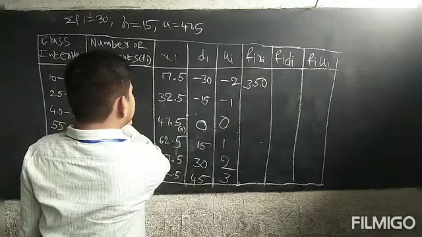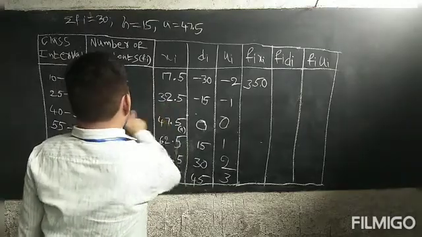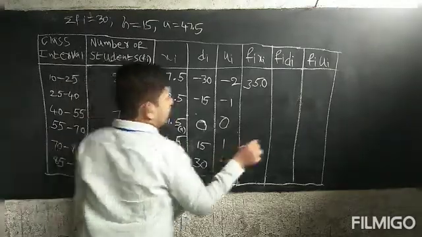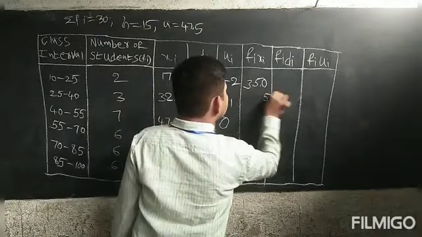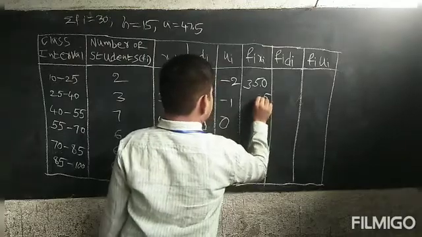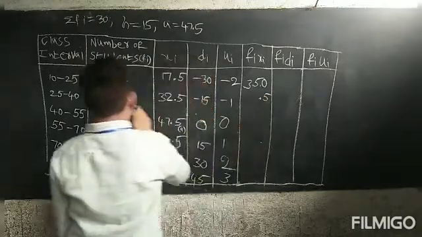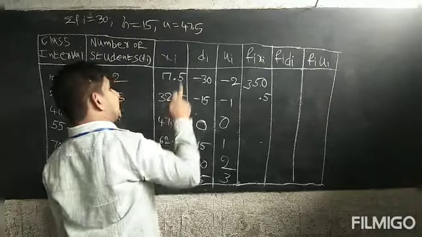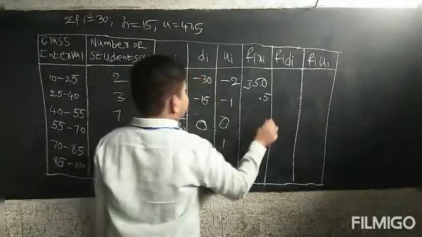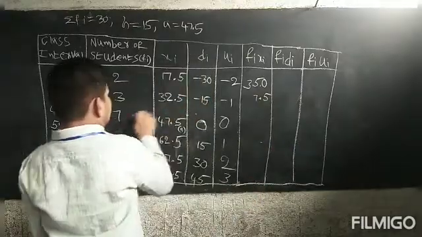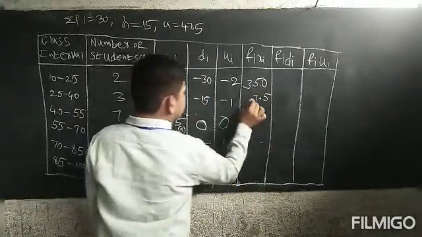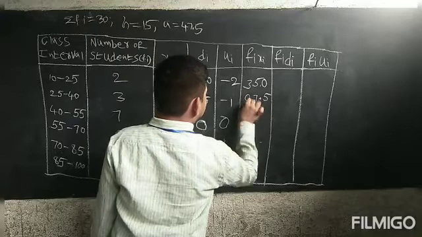Again, 3 into 32.5: 3 fives are 15, 3 twos are 6, 6 plus 1, 7, and 3 threes are 9, so 97.5.